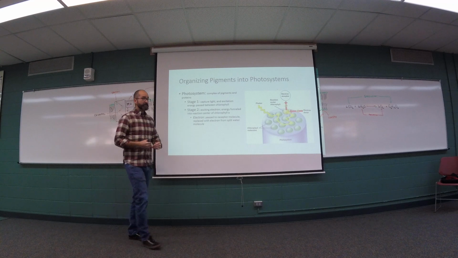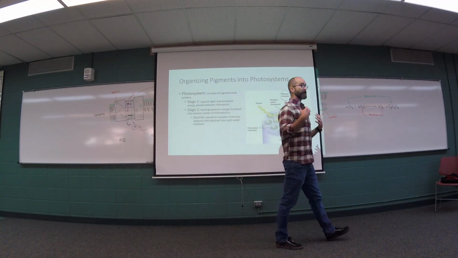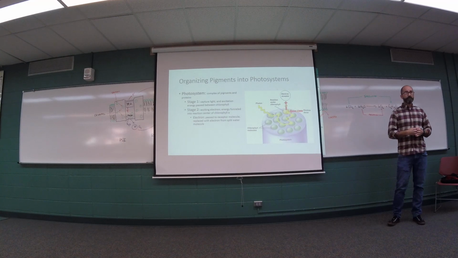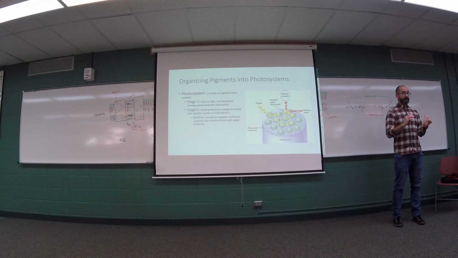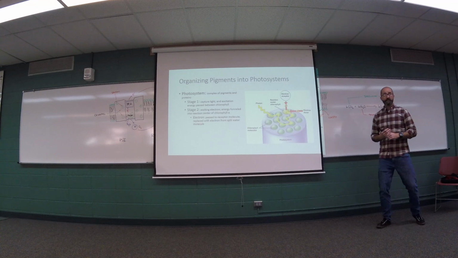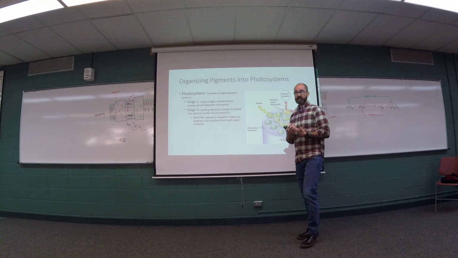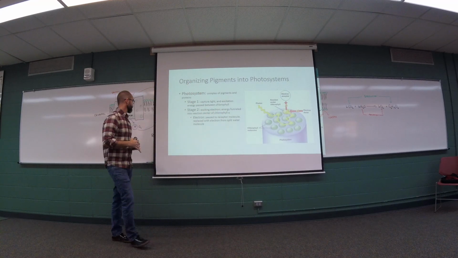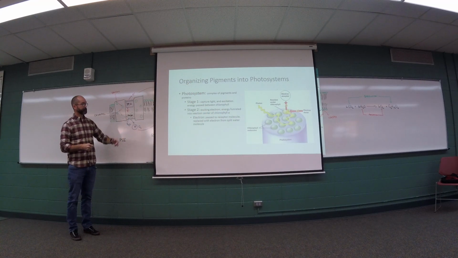In the second stage, that energy absorbed from the photon is passed between adjacent chlorophyll molecules. And then ultimately, an electron is passed from P680 or P700, which receives that energy, up to the primary electron acceptor. So that molecule, either P680 or P700, is oxidized and it loses an electron, and that occurs right here.